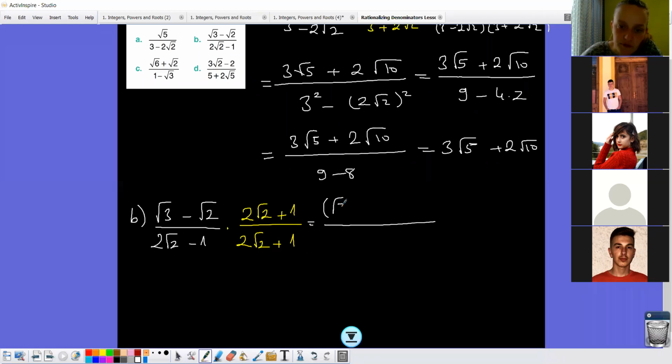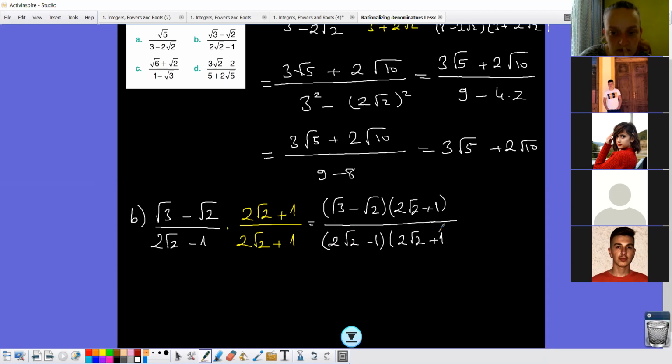I have 3, parenthesis, 3 minus root of 2, times 2 root of 2 plus 1. Okay. And in the denominator, I have 2 root 2 minus 1 times 2 root of 2 plus 1.